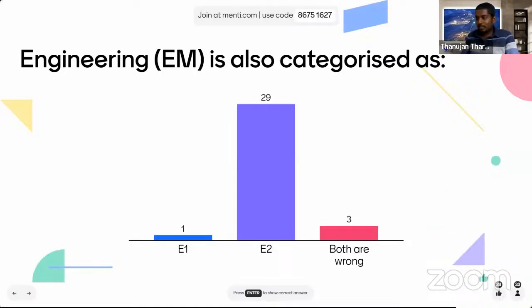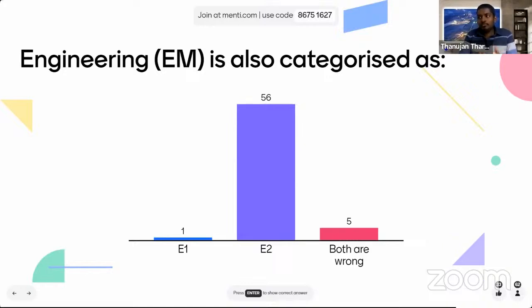this classification of E1 and E2 existed in the 70s, 80s, and 90s. But after 2000, it was not categorized as E1 or E2. Now we have categories like Engineering MPR, Engineering EM, and Engineering TM, but not E1, E2 anymore.